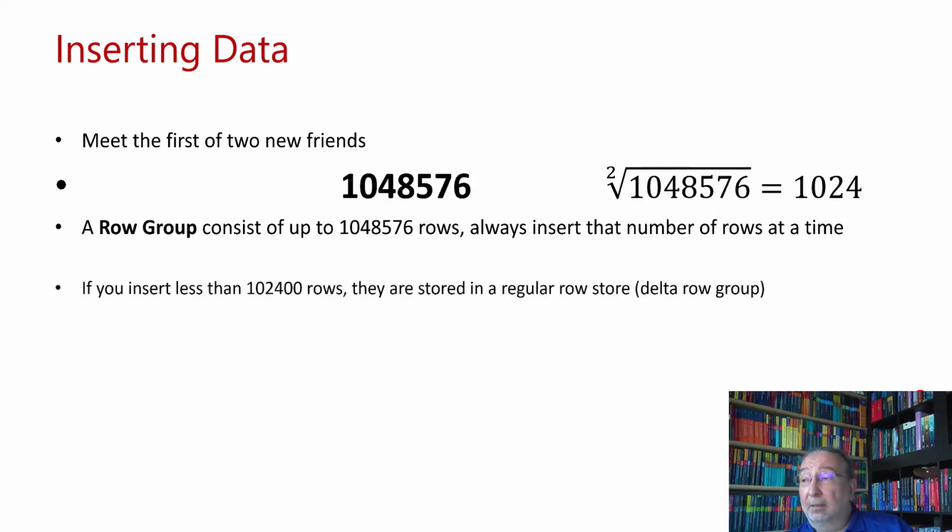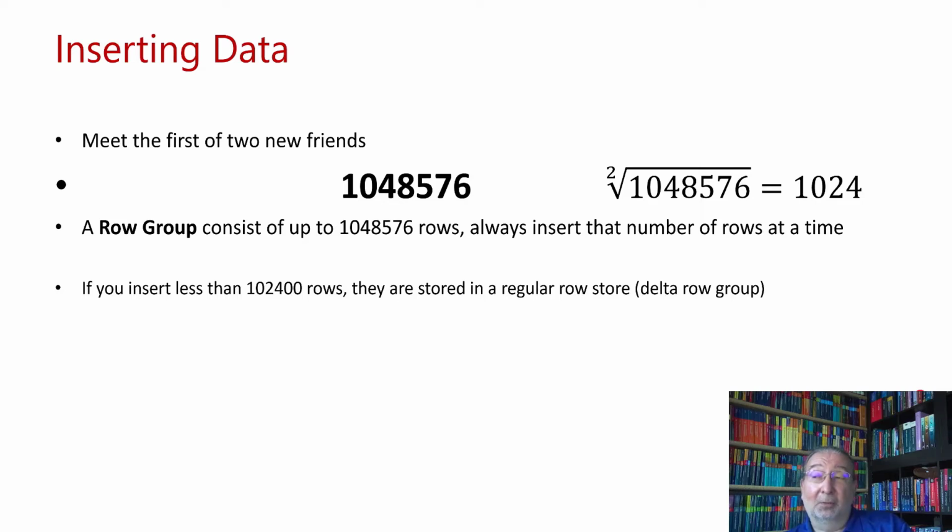Yeah? If you insert less than 102,400 rows, that's also a magic number, so that's 1,024 times 100, then SQL Server in the background creates something they call a delta row group, which is a regular row store table, and then they union the two together. Yeah?